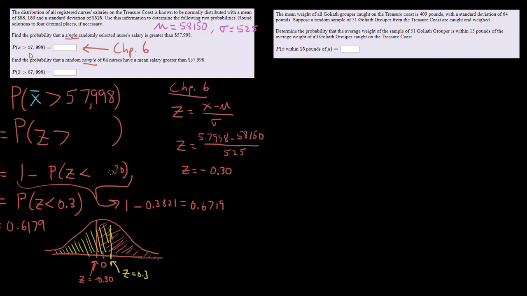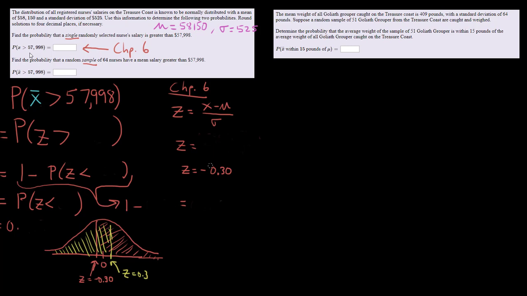Now, the z-value is going to change, so I'm erasing all the z-values that we calculated last time, because our z-value formula had to be tweaked when you're talking about a sample. So we have to look at our z-value formula for Chapter 7. Let's get rid of this, and I'll jot down our Chapter 7 z-value formula.